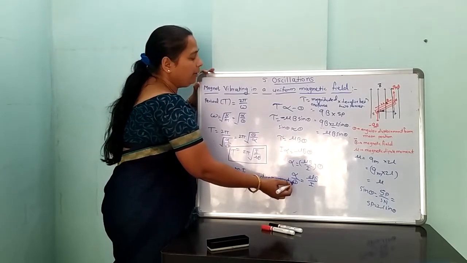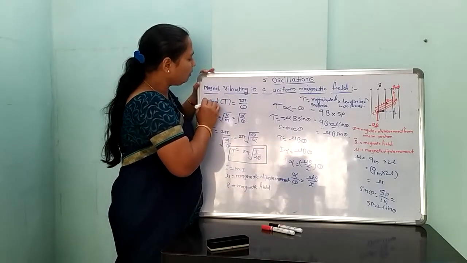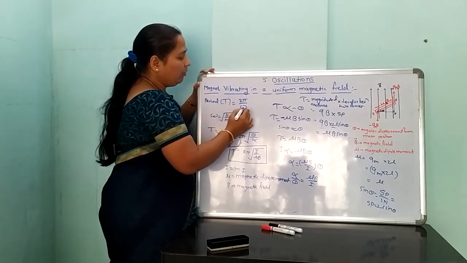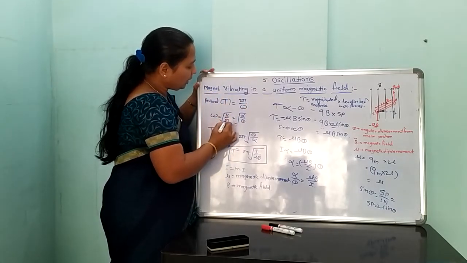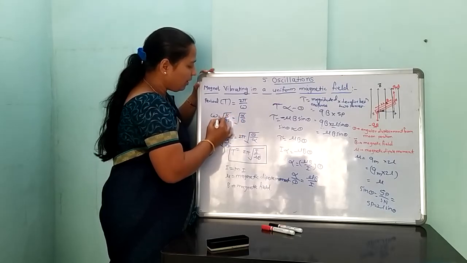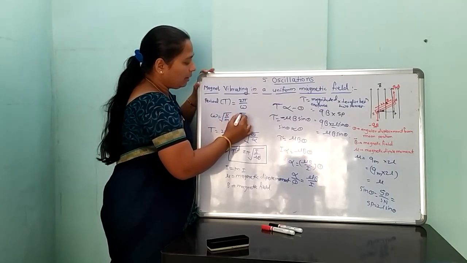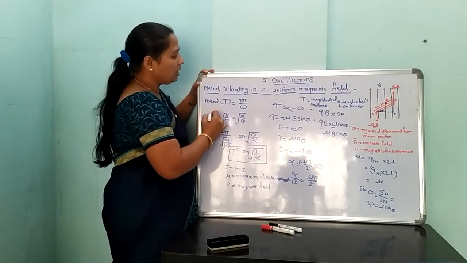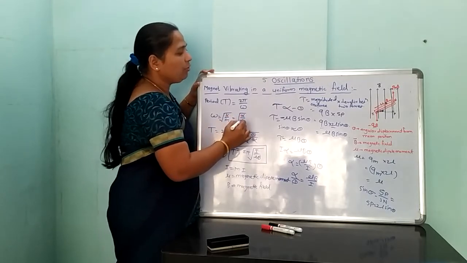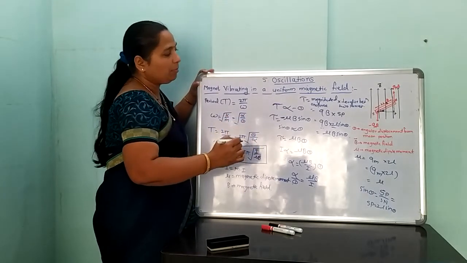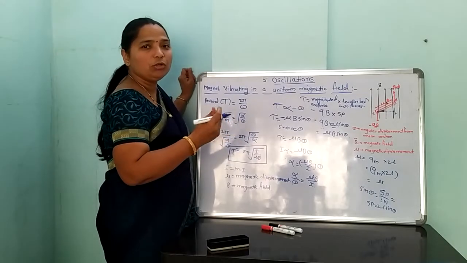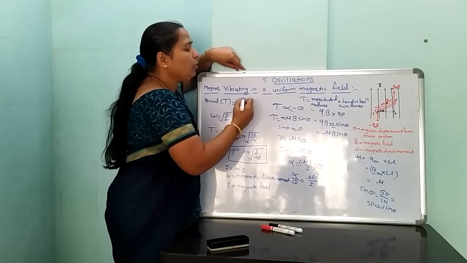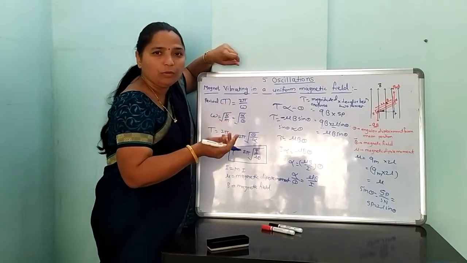That term is included in the formula for period. Period T is equal to 2 pi upon omega, where omega is equal to the square root of K upon M, and another formula for omega is the square root of alpha upon theta. This is the condition for SHM: acceleration is directly proportional to displacement, or the restoring force is directly proportional to x.